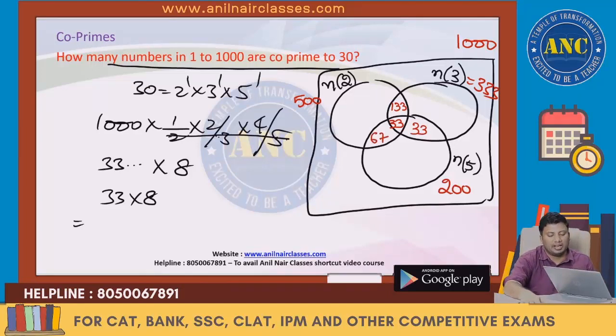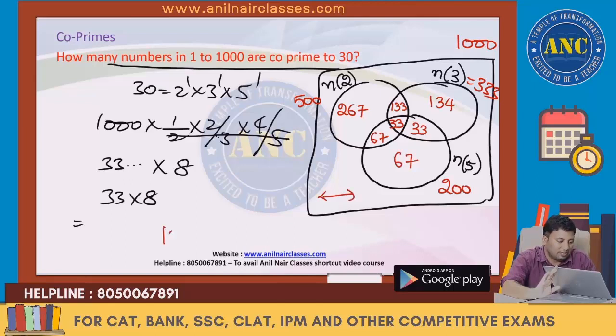I hope the idea is clear. 67 plus 33 is 100, plus 233, then 267. This is nothing but 133 plus 66, 199, which is 134. 4 plus 3, 7, 10, 13. 67 plus 66 is 133.